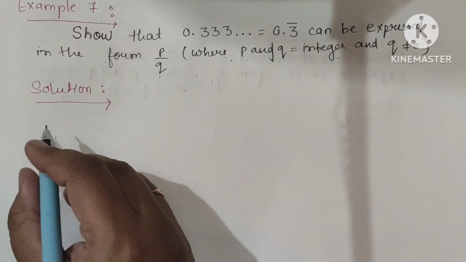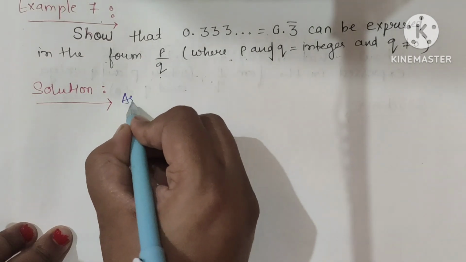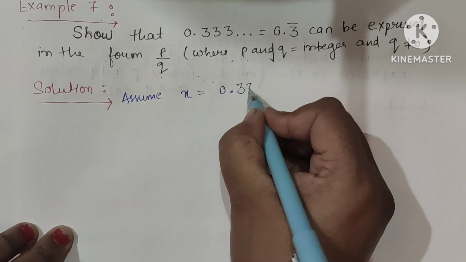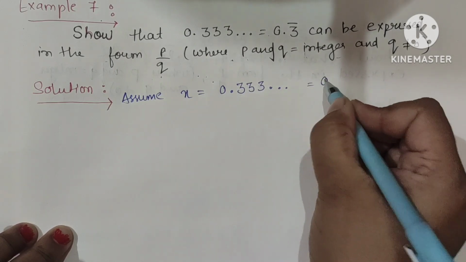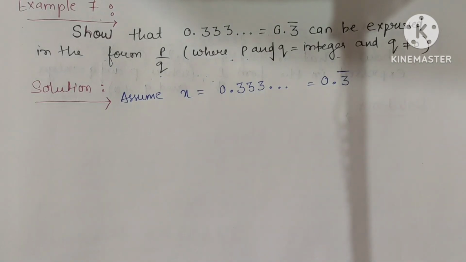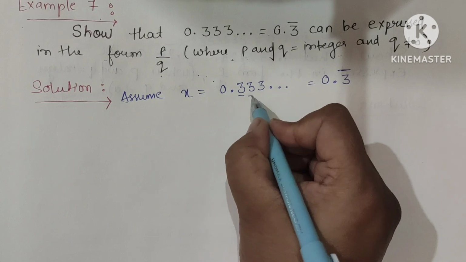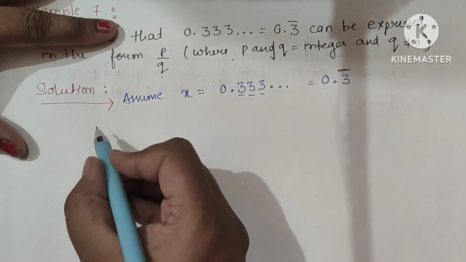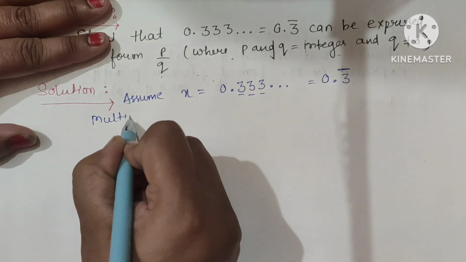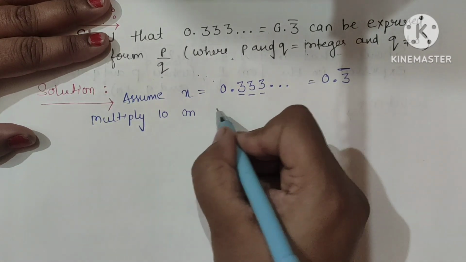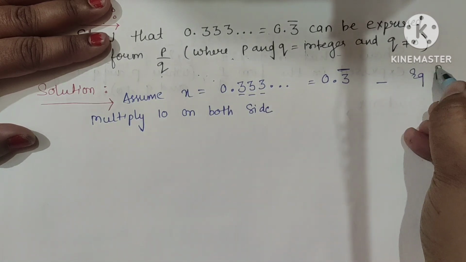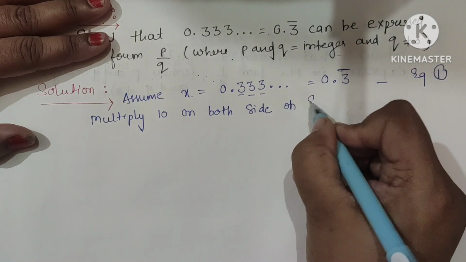First of all, assume x is equal to 0.33 repeating. How many numbers are getting repeated? You can see only one number is getting repeated. So you are going to apply a trick, that is, multiply 10 on both sides of equation 1.